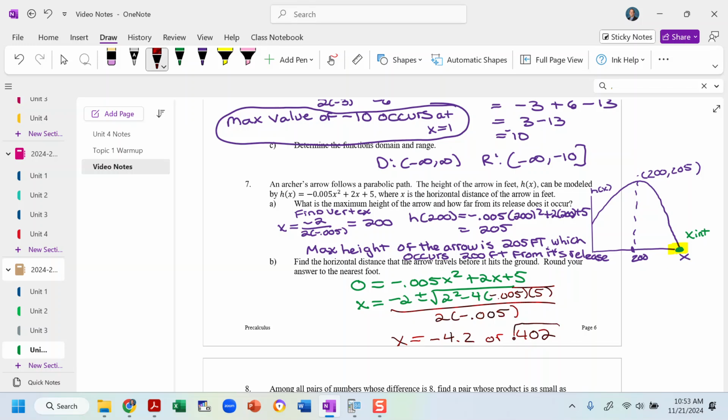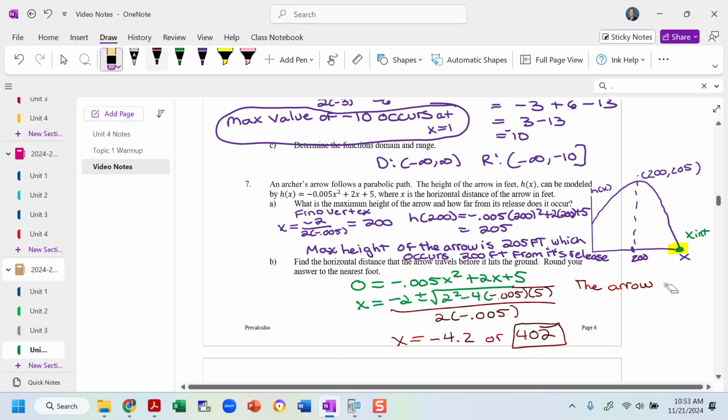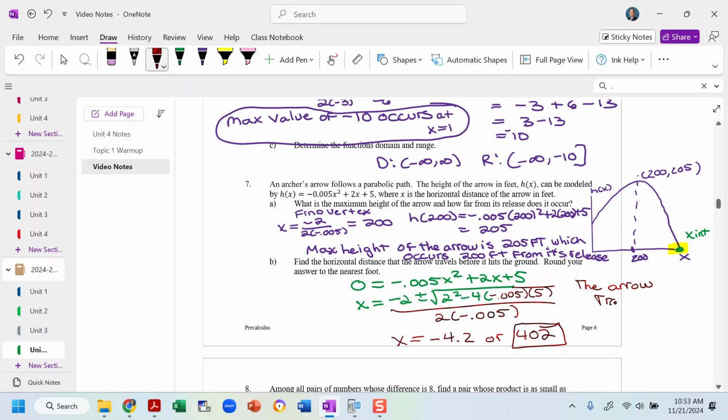So remember, distance can't be negative, so it will be 402. So basically, the arrow travels 402 feet before it hits the ground.